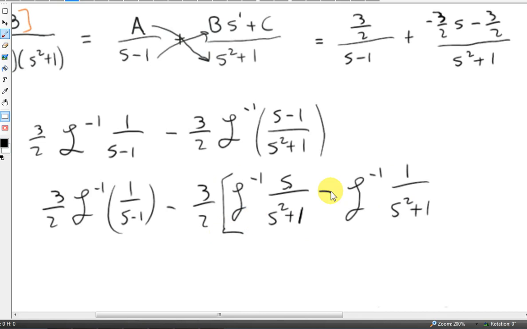And the minus 3 halves is multiplied by both of these. So I've just written this fraction as two fractions. I've taken s over s squared plus 1 and then minus 1 over s squared plus 1, because these two are tabulated.